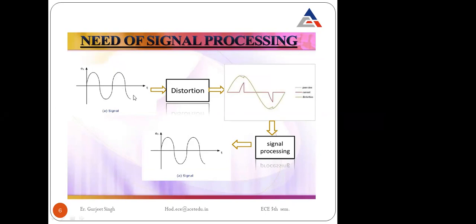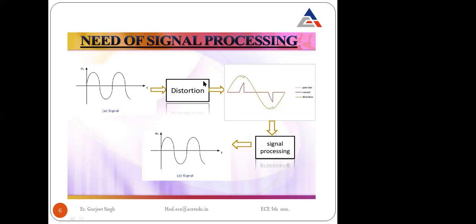When we transfer this signal from one place to another, say I am transferring this signal by air, in an electromagnetic wave, the analog signal gets distorted due to attenuation and different reasons.